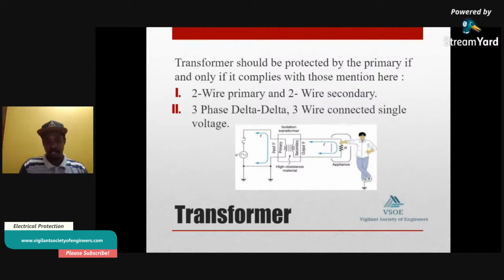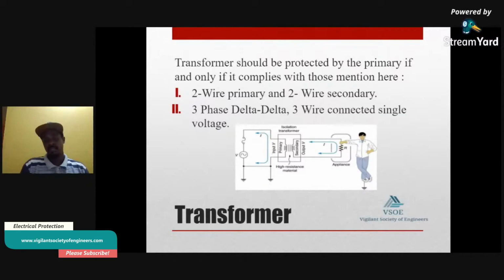Now, when we talk about protection for a transformer on the primary side, it only applies for a standard 2-wire primary, secondary transformer. So you will have your incoming supply on the same side where your protection is located. And it applies for delta system, right? Where it's 3-wire connected, right? So you'll have the protection on your primary when there's a delta system, a 2-wire primary, all right? So just bear that in mind.